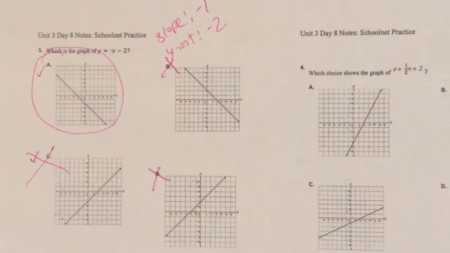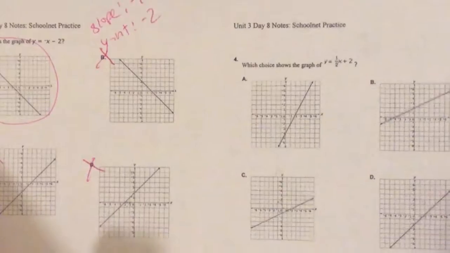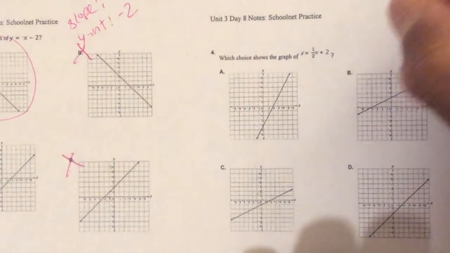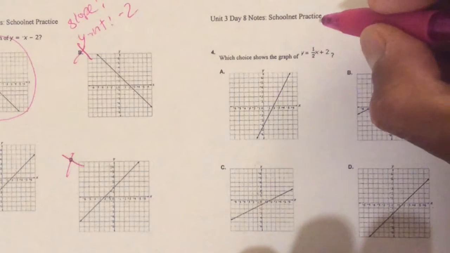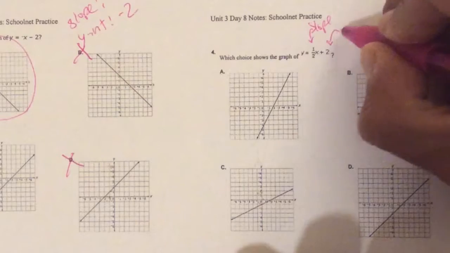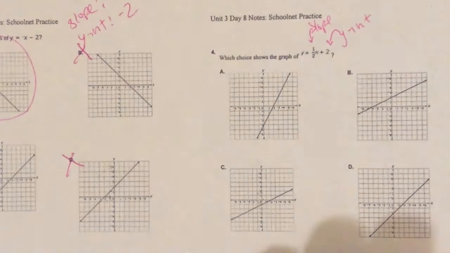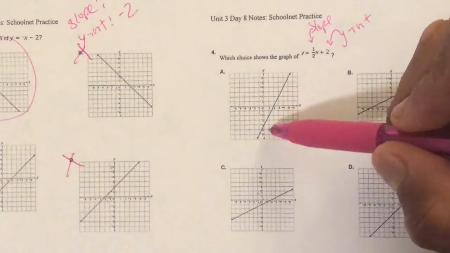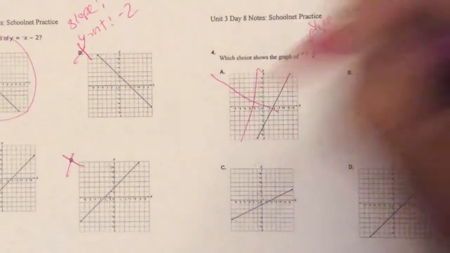Okay? Moving on to number 4. Now, number 4 is the same idea, but it's a different equation. So which choice shows the graph of y equals 1/2 x plus 2? So that's your slope, and that's your y-intercept. Let's start off with the y-intercept of 2. This is not 2, so that's out.